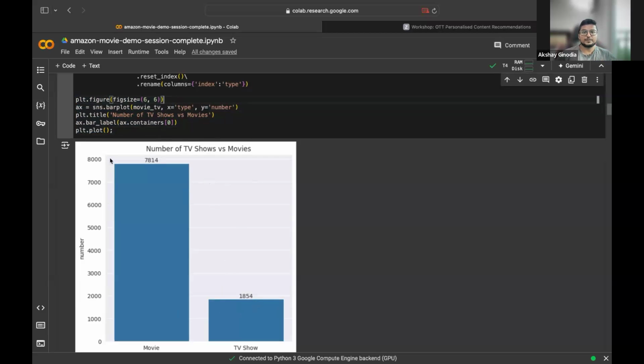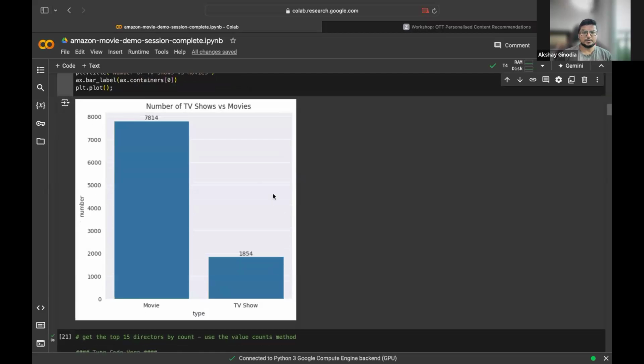The y-axis is the number of movies or TV shows that are present. I'm using a bar plot, so these are bar graphs, a count of the number of items. I'm plotting that, setting some parameters and so on.